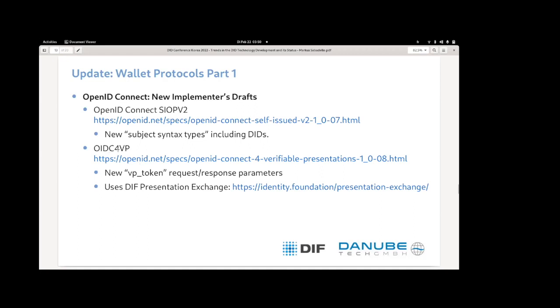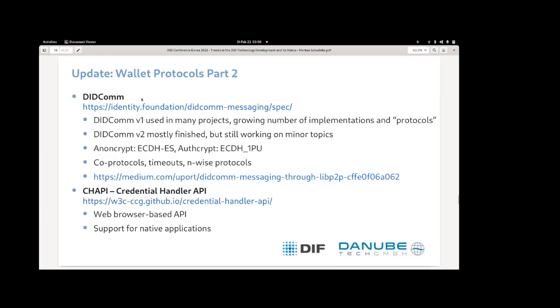So this can be used together with DIDs, but it can also be used without DIDs, and I think a lot of projects like this development, because OpenID Connect is a very mature and well-known standard. But then there are also some other ways how wallets can communicate and interact with an issuer and the verifier, how credentials can be moved between an issuer and a holder and the verifier.